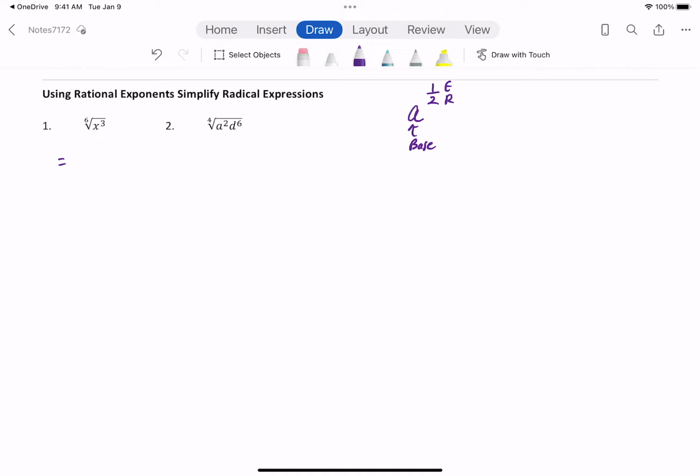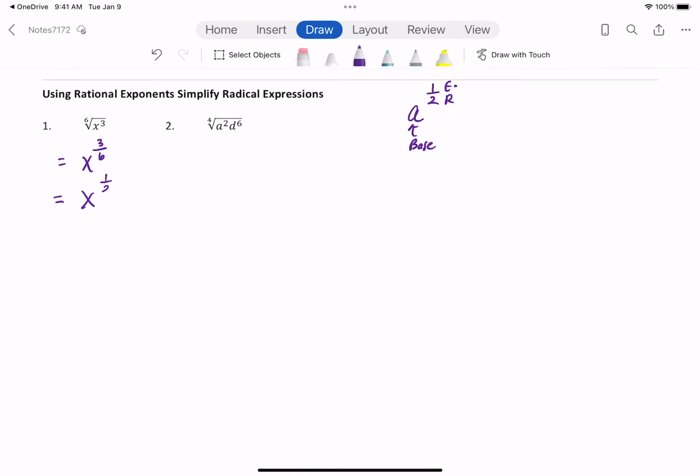So the base is x, and the exponent is going to be the exponent on the number divided by the root, right? So here the exponent is 3 and the root is 6. And then from here, I can simplify 3 over 6, right?